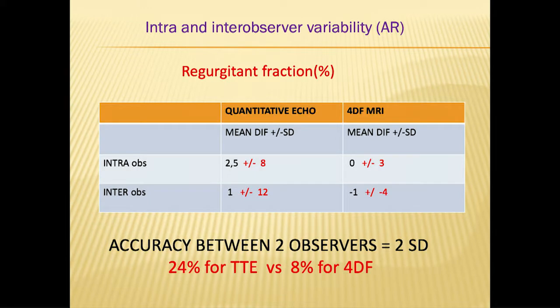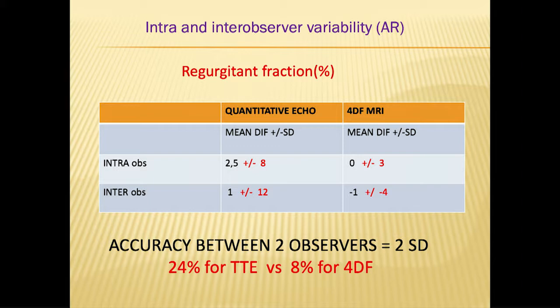So now the important point is the intra- and interobserver variability to validate any new technique. And the difficulty here is that the gold standard is echocardiography, transthoracic or TTE. TTE is a gold standard, but everybody knows that it's a bad gold standard, but you have to compare to it if you want to publish in a cardiologic review, at least.